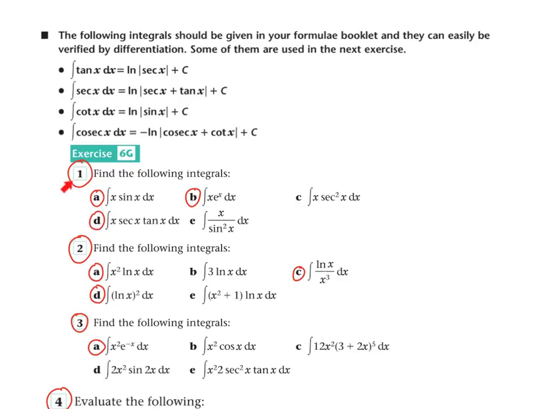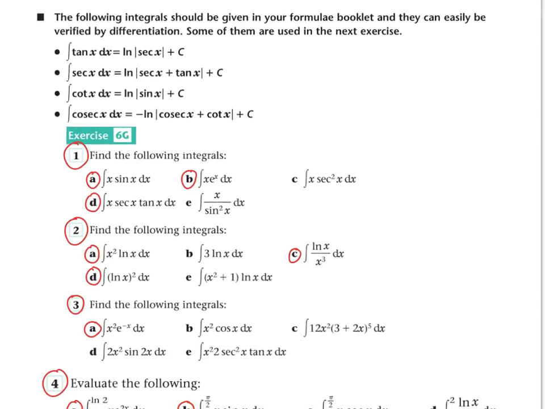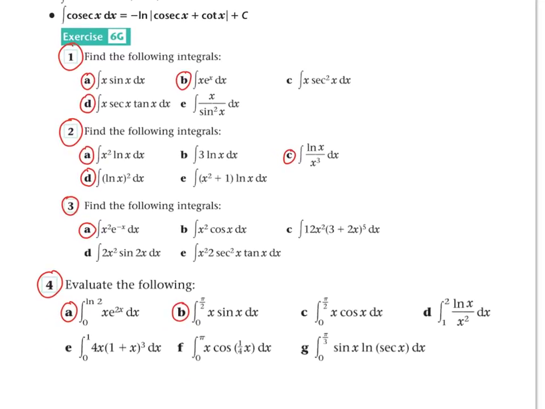So what I'd like you to do is question 1, A, B and D. Then moving on, question 2, A, D and C. Question 3, the first part, and then question 4, A and B. So if you stop the video just now, give yourself about 10 minutes to do those ones, practicing integration by parts, and then question 4 follows on from the very last example.